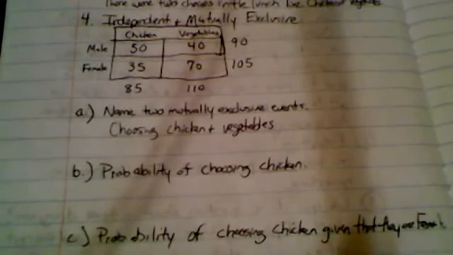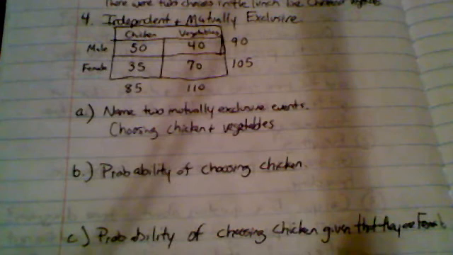You can only choose one or the other. So they are mutually exclusive because it says there were 2 choices in the lunch line, chicken or vegetables. So you had to choose one. Those are mutually exclusive, meaning they don't occur at the same time. They were not able to pick both.